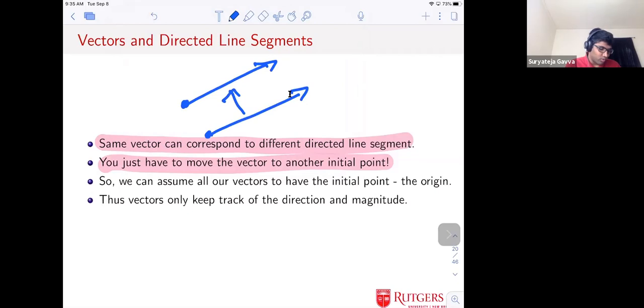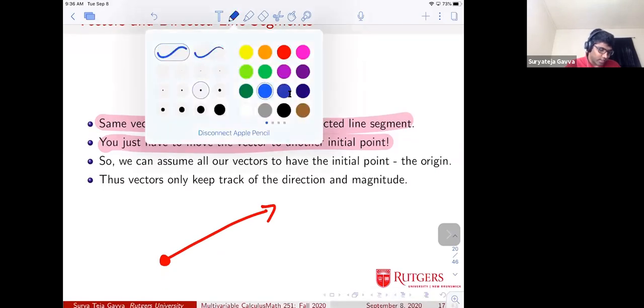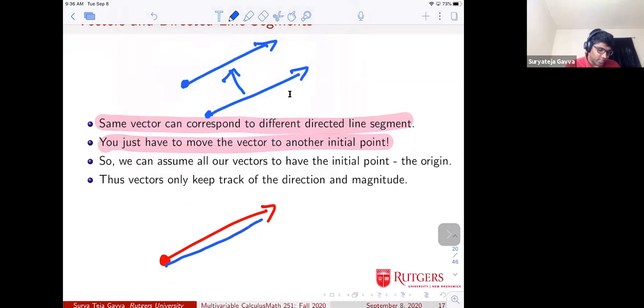If one vector is here and I move the other vector and I get a blue vector which is along the same direction and is matching, then they're equal. If I move it and I get something else, then they're not equal. So if you fix one vector and move the other so that their initial points match, you can see whether they're the same vector or not.